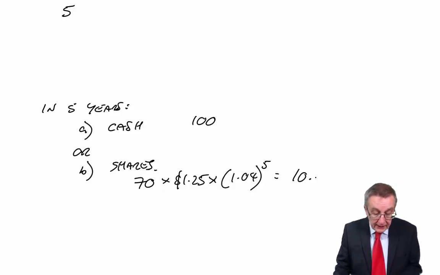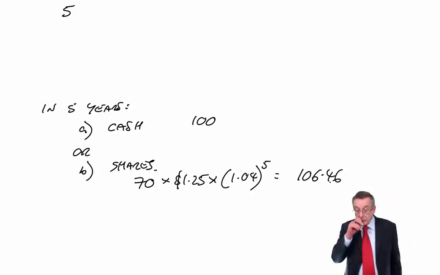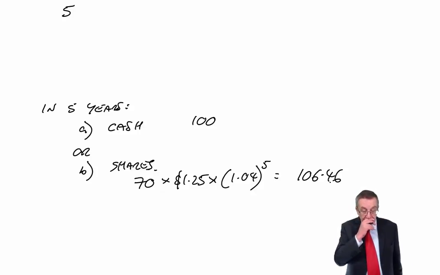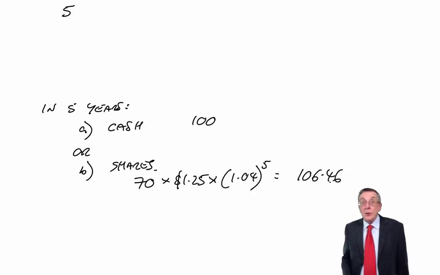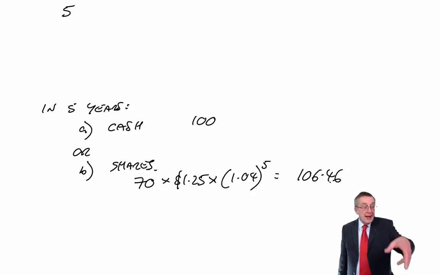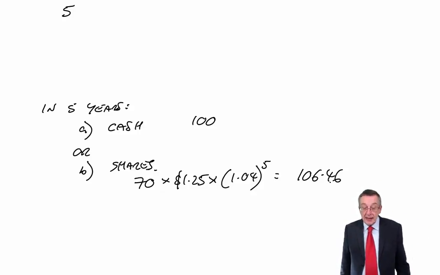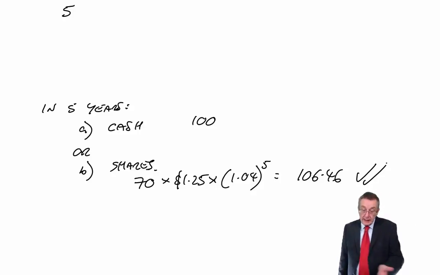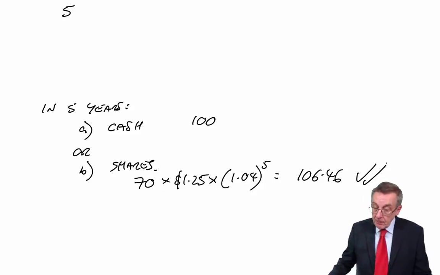Converting, I think, will give them 106.46. There may be a little bit of rounding problem here. We'll see afterwards. But it's going to be their choice. And again, although they won't make the decision until 5 years from now, at the moment they'll be expecting, surely, that they'll convert, because that gives more than taking cash.